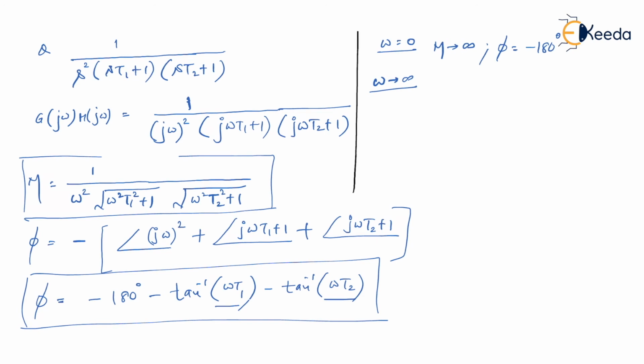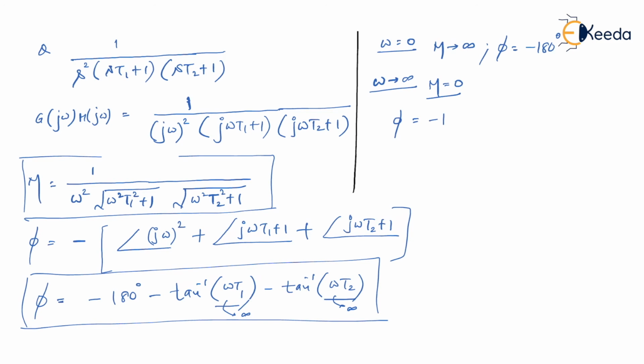So when omega is tending to infinity, magnitude will obviously become 0. And look at this. This omega value is what? Infinity. This omega is also infinity. And tan inverse of infinity is what? It is 90, so with the minus sign, minus 90. So what will the phase angle become?